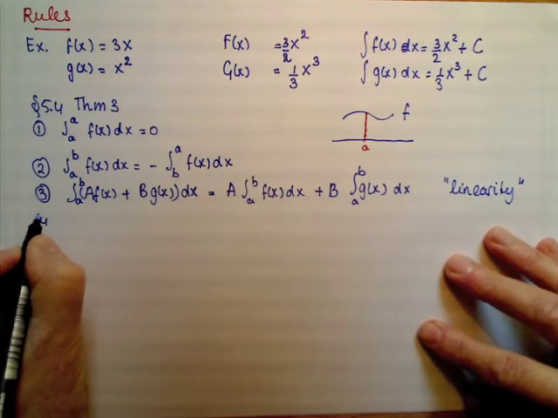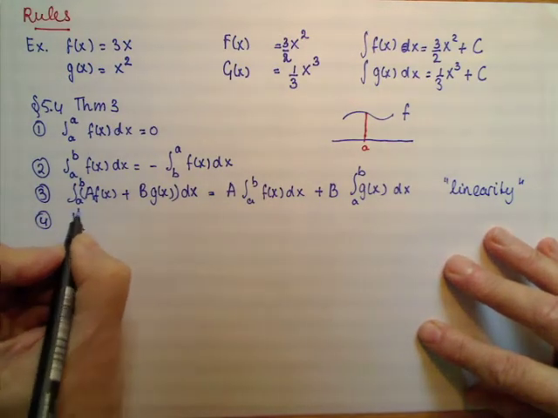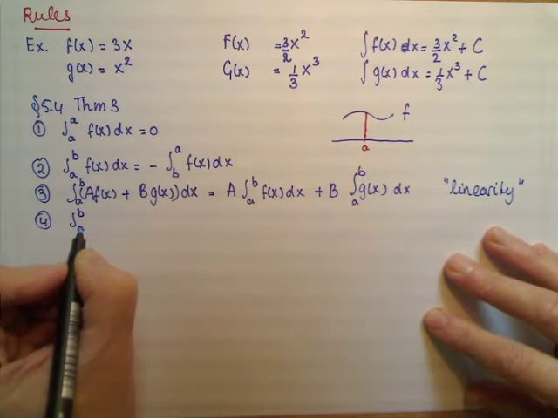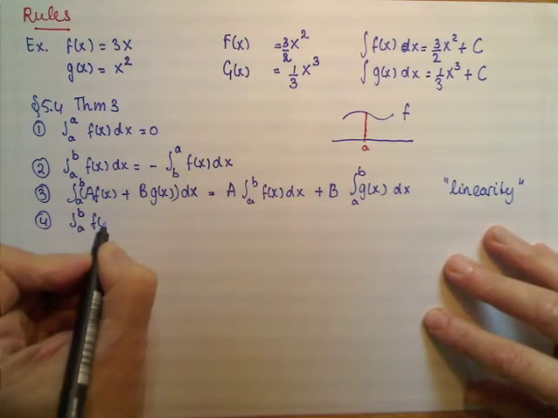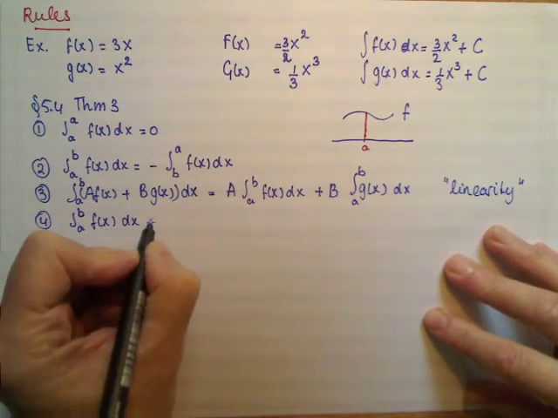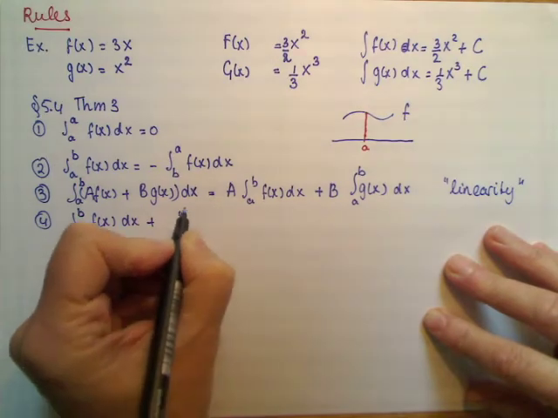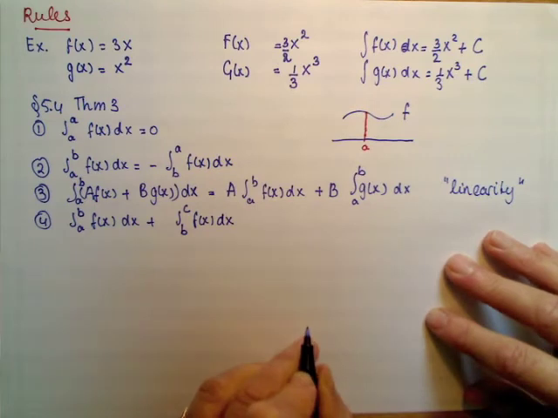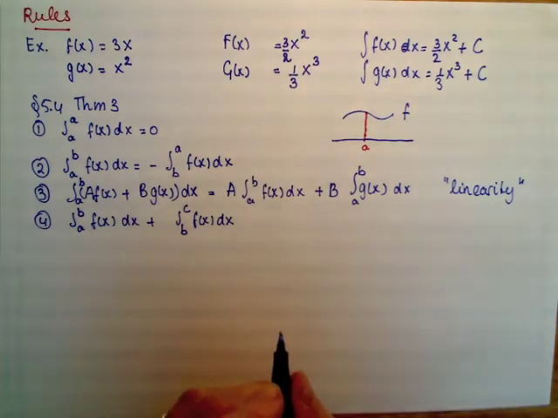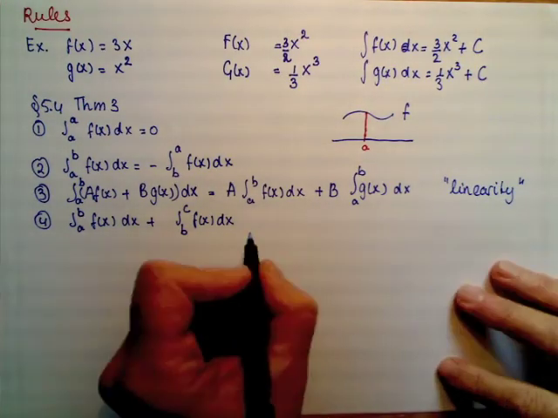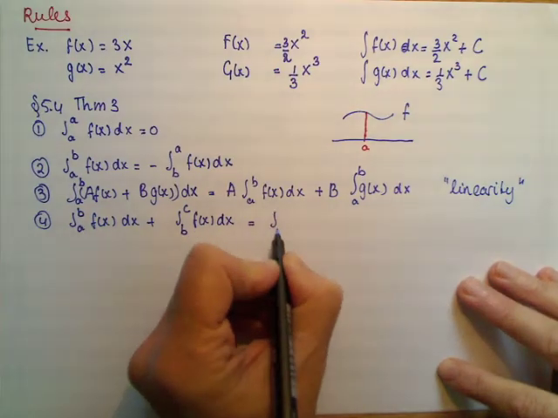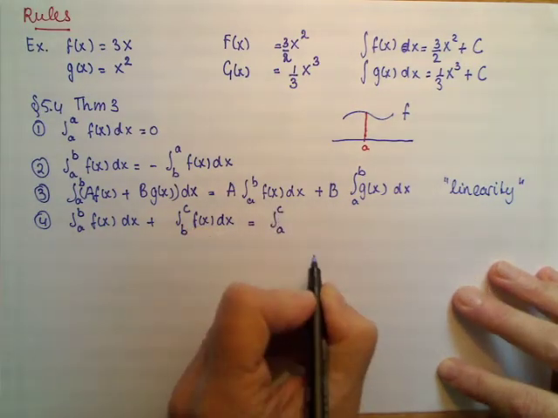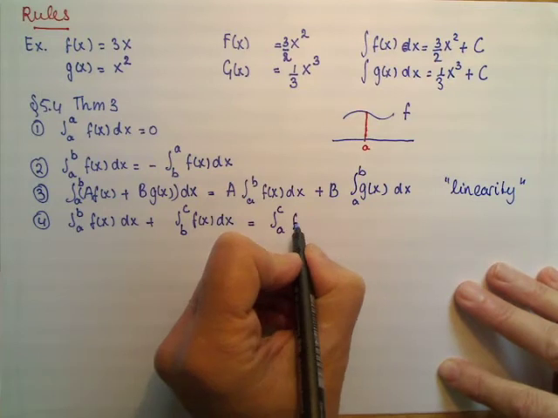Now the last property is the following, that if we compute the integral from a to b of a function little f of x, we add the integral from b to c of the same function. Then if you think about areas, then what you get is the same as calculating the integral from a to c of the same function.